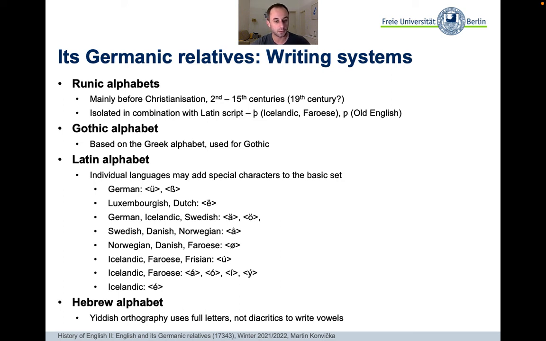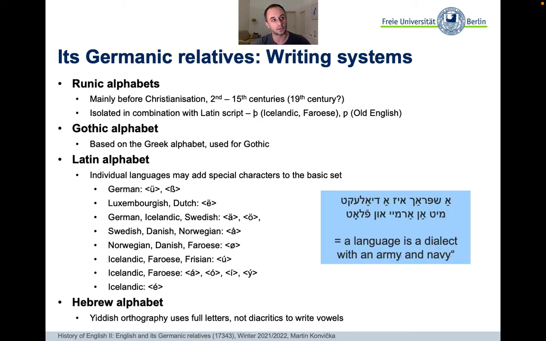And it is also in Yiddish that one of the most famous linguistic quotes was written down, in 1945 by Max Weinreich, who said, "A shprakh iz a dialekt mit an armey un flot." A language is a dialect with an army and navy.